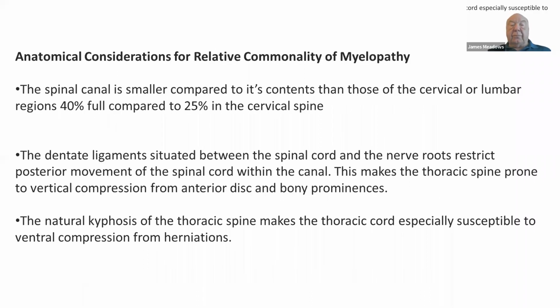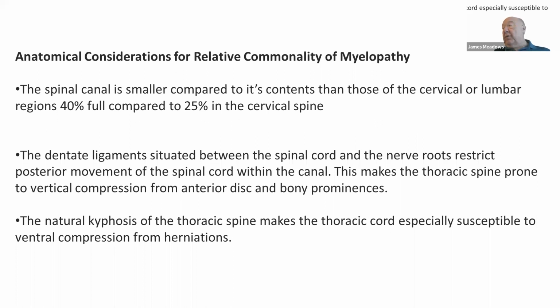Myelopathy is more common in this region, per capita cases, than it is in the cervical or lumbar spines. And there's a number of anatomical reasons for this and biomechanical reasons. The first one we've talked about before when we talked about bleeding, I think, with spinal manipulation, is that the size of the canal compared to the contents of the canal is much smaller.